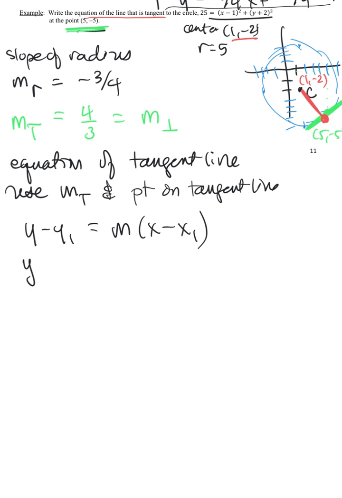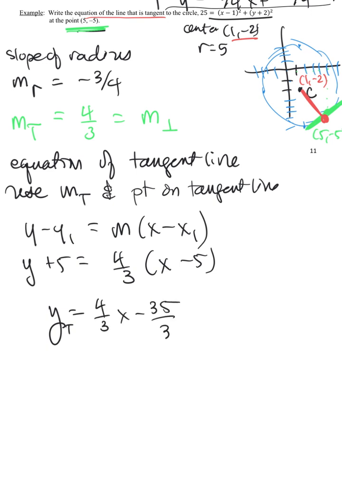We have the point, we have the slope, and we solve for y, and what do we get as the equation of the tangent line? 4/3 x minus 35/3 equals y. That is correct. Did we get that tangent line? That's lovely.